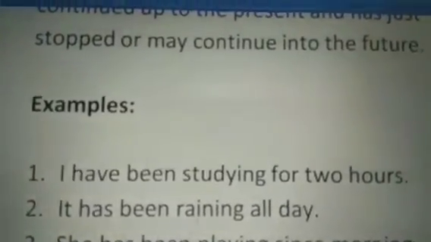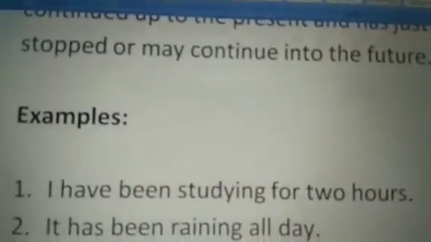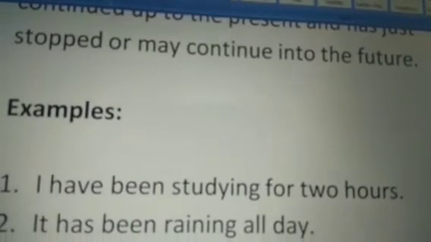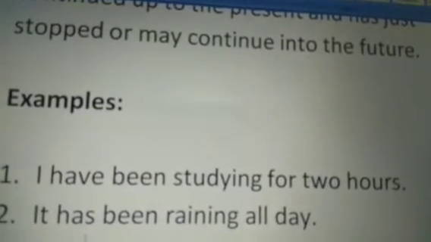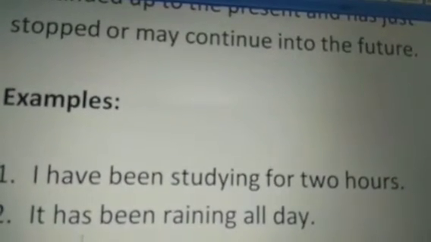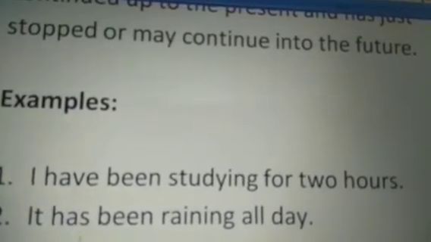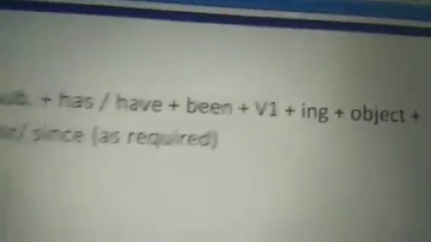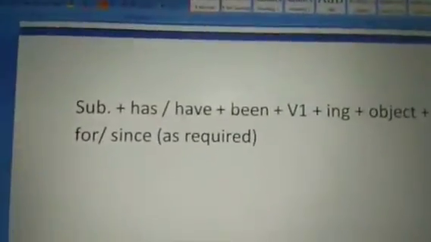Now, it has been raining all day. Again, it means the rain might have started in the morning and continued throughout the whole day, and it is still in continuation, but whether it will continue in future or not is not decided. So this one is present perfect continuous tense, and the formula is subject plus has/have plus been plus V1 plus ing plus object plus for or since as required.